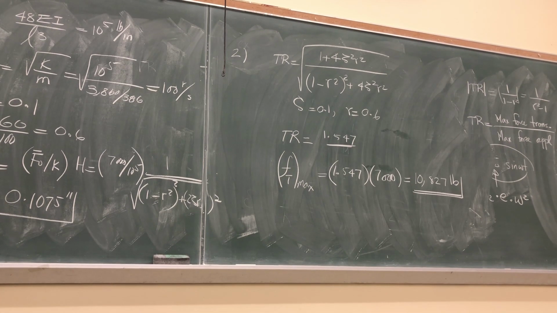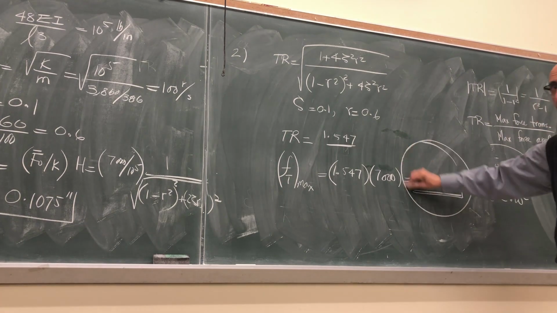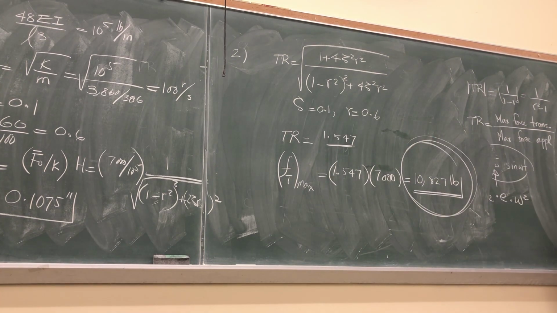Which is interesting, because you can see that for machinery that weighs about 3,800 pounds, if it operates at this frequency, the force that the system is going to experience is almost 3 times higher than the weight of the machine.